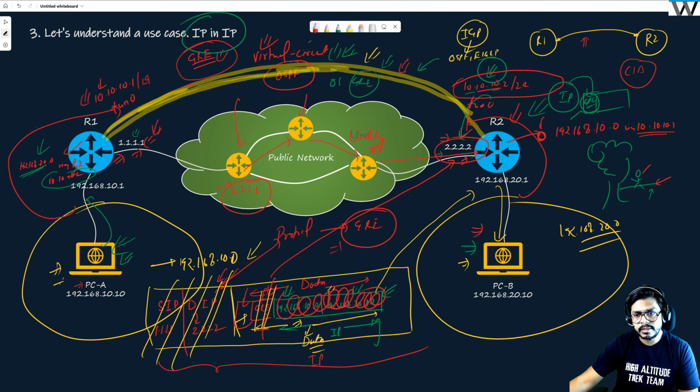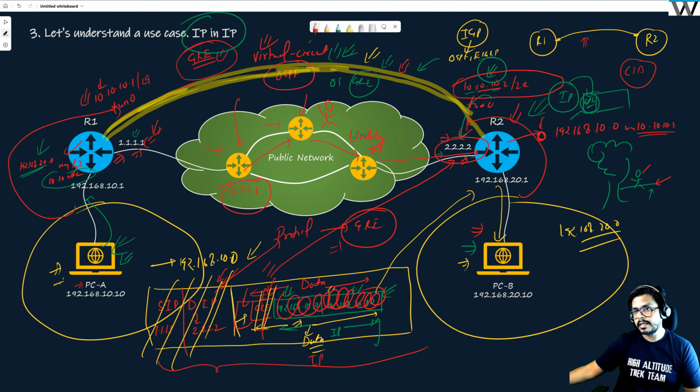Then we can provide the security also. And the outer packet which is going over these internet routers doesn't need to worry about what is going on inside, whether it is encrypted or not. But for sure, if an intruder sees the inside packet also, he is not going to understand anything because now the packet is encrypted.